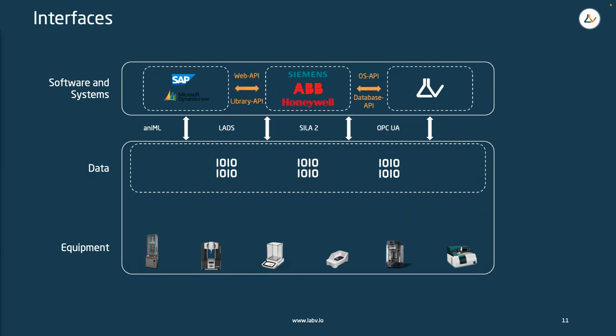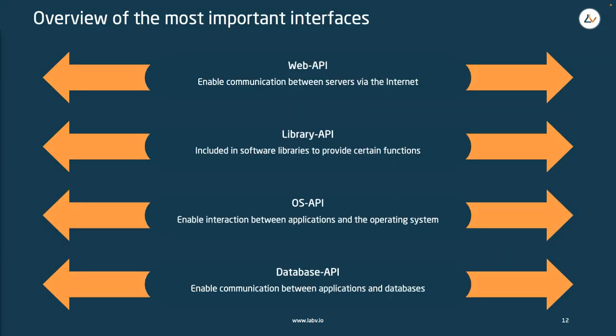And this is exactly what's happening here on the top of the picture. You have so-called application programming interfaces, or APIs, but you also have other types of APIs. I want to focus on APIs today because these are basically the most relevant and important ones in our lab world today. What are the most important ones? Web APIs.